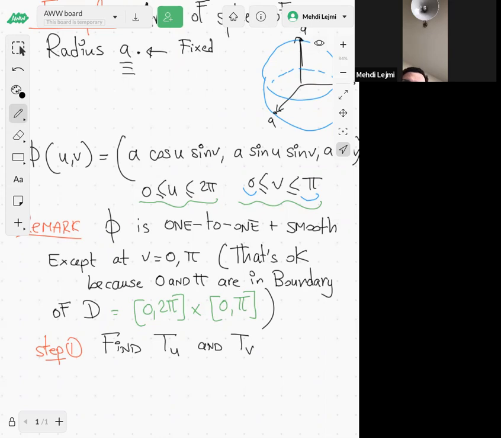It's not necessarily 1, it's just a constant. So we did it last week, and then we computed.